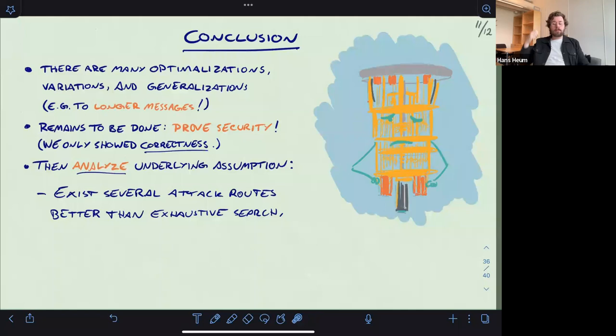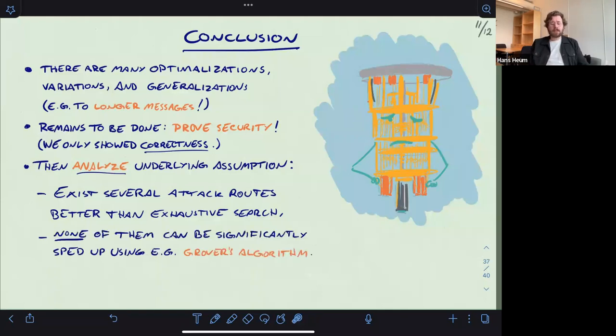There are several attack routes that are better than exhaustive search. I think some of them are sub-exponential, but that might depend a little bit on the system and the underlying assumption. But what is particular about them is that none of the best known attack routes can be significantly sped up by polynomial speedup quantum algorithms, like, for instance, Grover's algorithm or quantum random walks.